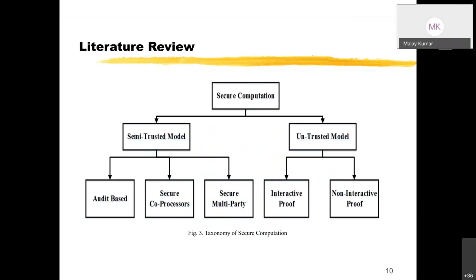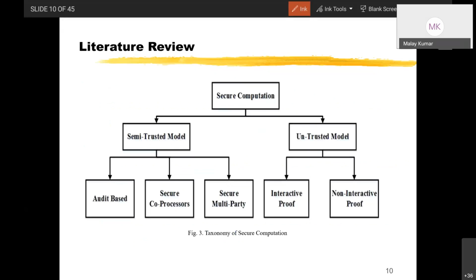Further, there are multiple ways through which secure computation could be performed. The first is the semi-trusted model, as we have seen in the threat models. Another is the untrusted model.